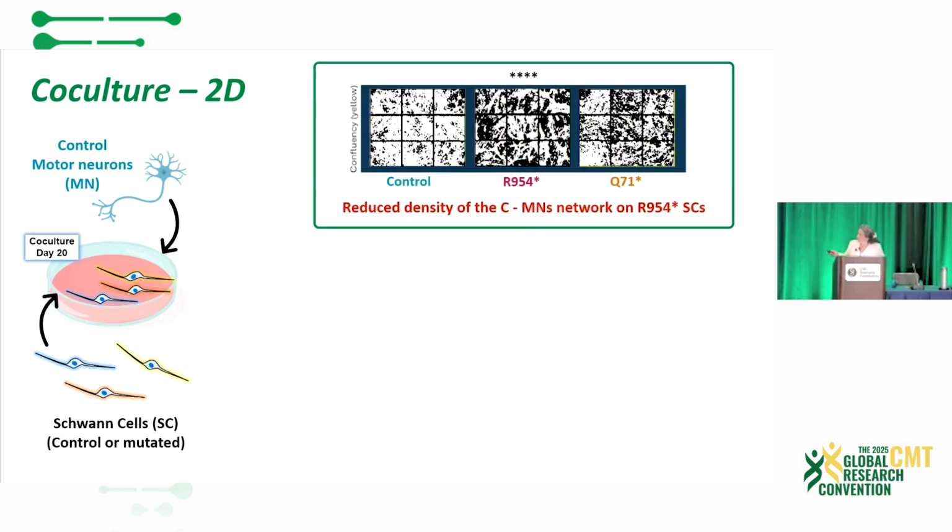You can see the confluency of the motor neurons when grown on control Schwann cells: a very nice confluency, seen in white. With the mutated Schwann cells, the confluency of the control motor neurons is reduced, and significantly different.